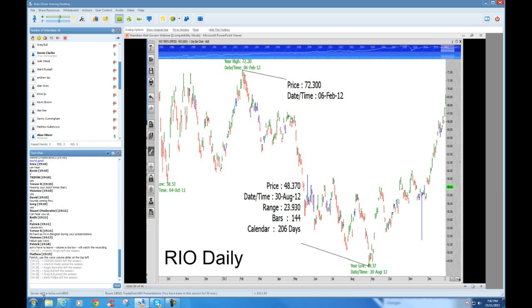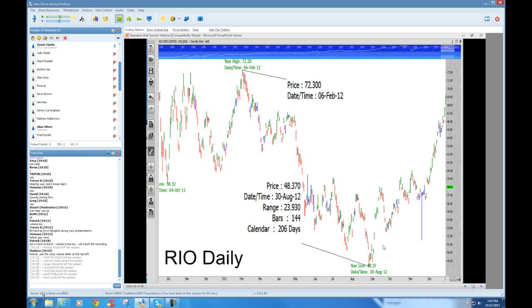Now, the big clue is that the distance between the top and the bottom in time is 144 trading days apart. Now, 144 trading days apart means that we start watching the chart, we start looking for any indications of change of trend or change of direction.